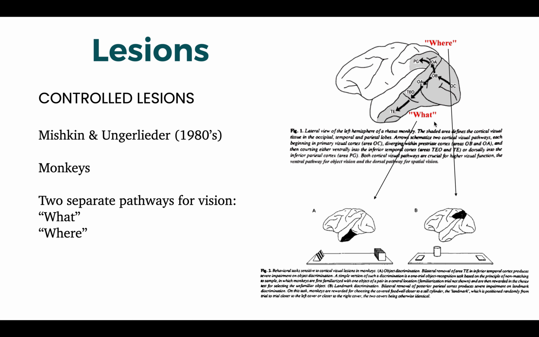They lesioned the what pathway, and monkeys were not able to do this task. This is a very important discovery in vision, but as far as the methodology is concerned, this is also very important when we talk about controlled lesions and the history of this particular methodology.